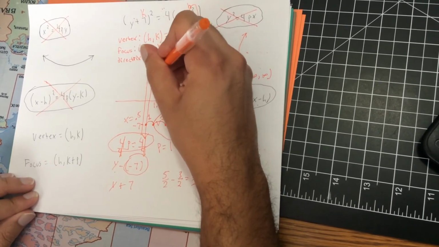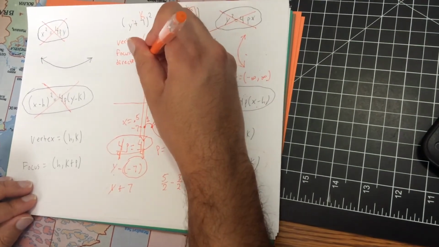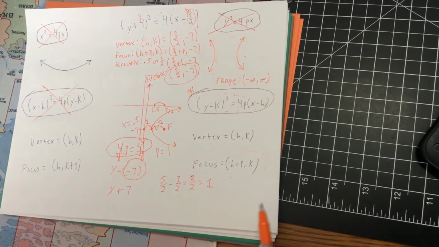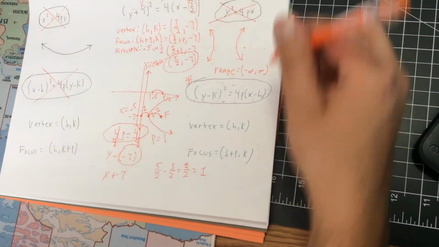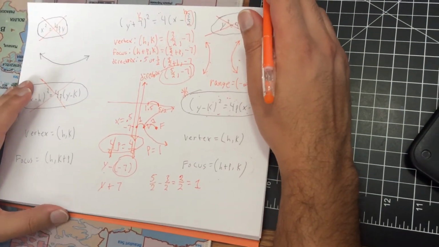This is our directrix. So the directrix is x equals 0.5, or 1/2. It looks a little bit messy, but this is the best I could do on paper and over the camera.